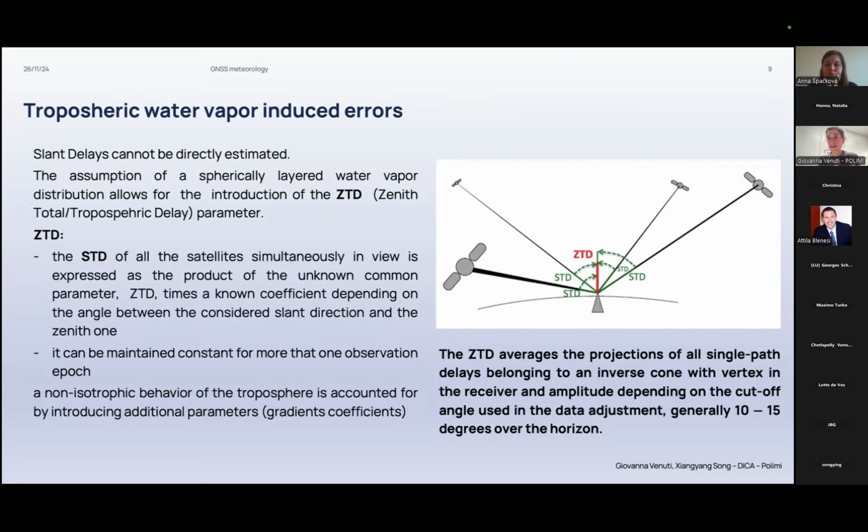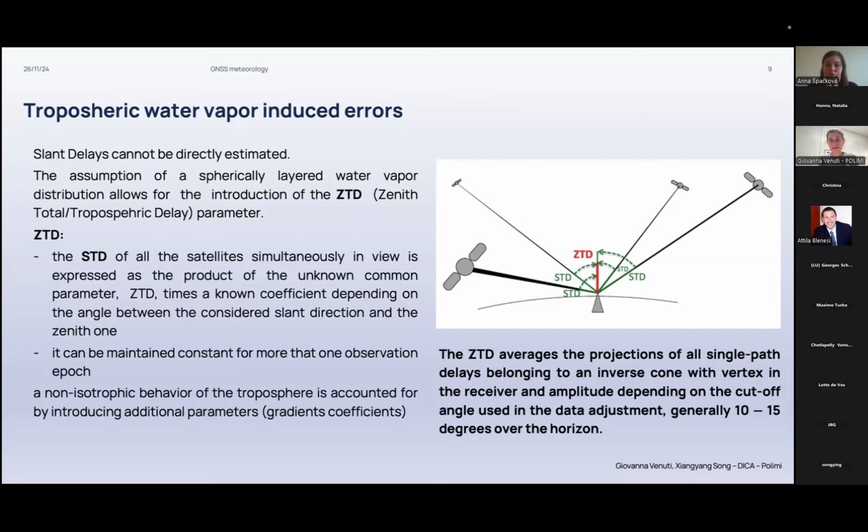I stress this fact because GNSS is an opportunistic measure of water vapor, but it is not a direct measure. It is obtained from the post-processing of GNSS observations. It is a cumulated parameter, and it is also an average parameter because, as a matter of fact, it includes what the signals to different satellites are recording about the status of the troposphere.